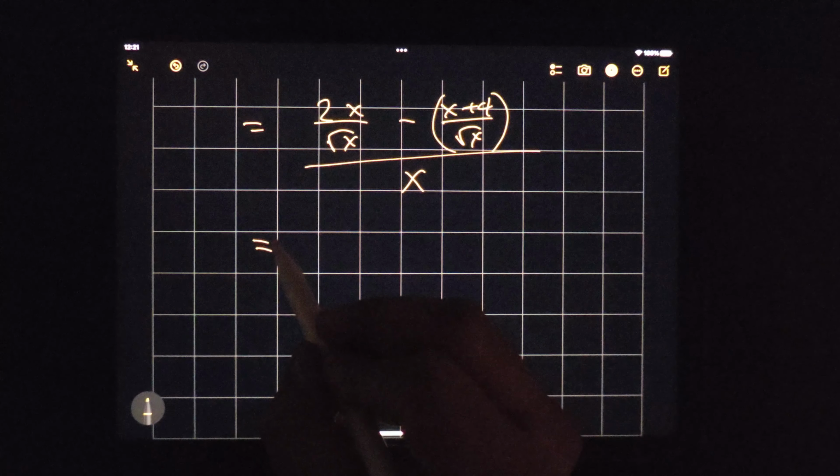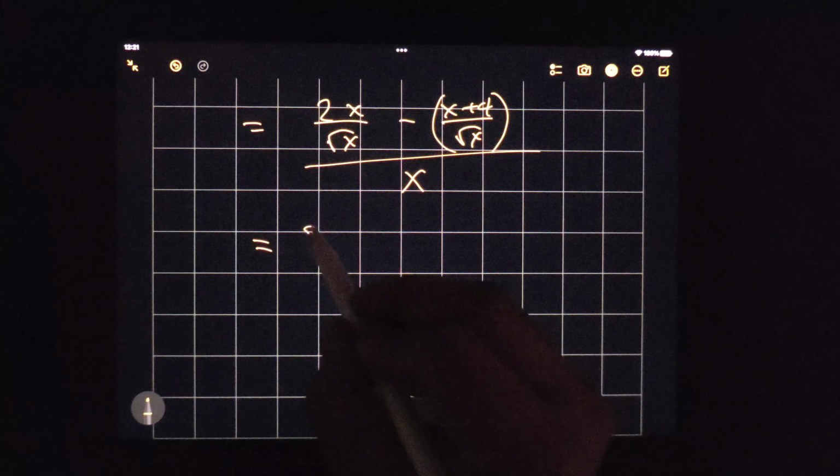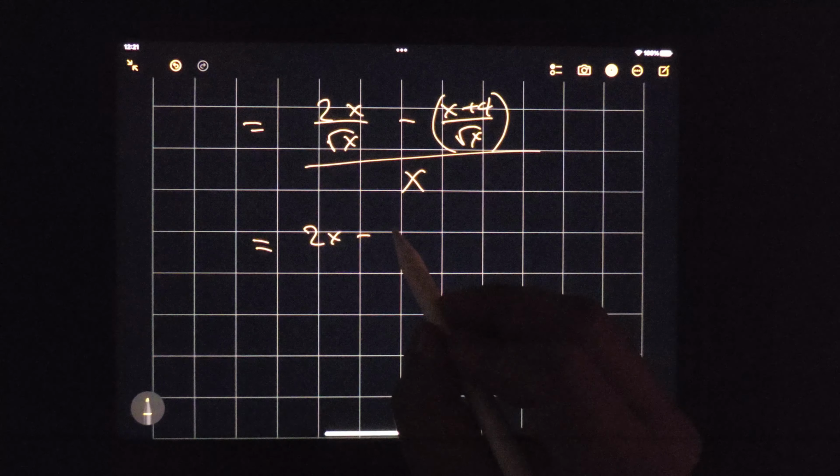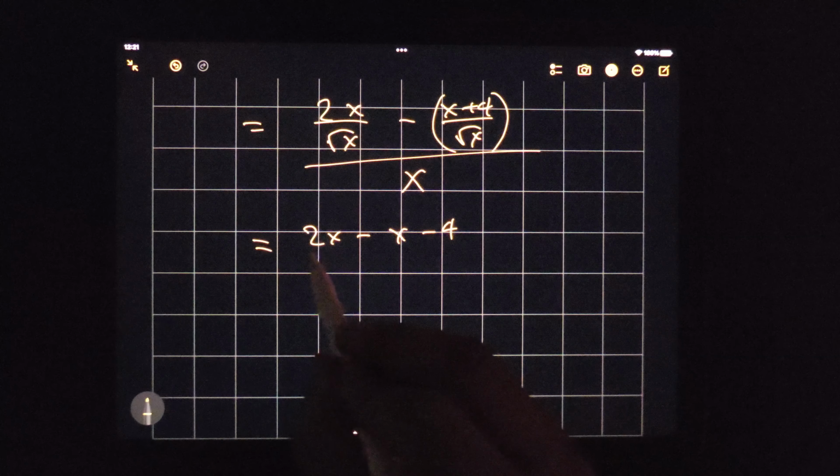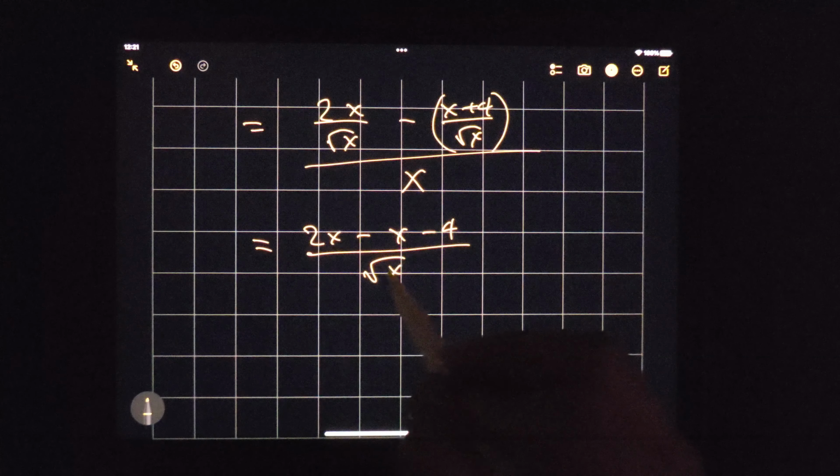And that will give me 2x minus x minus 4 over root x all over x, which gives me, when you divide by x, you can multiply the reciprocal, so that will come down.